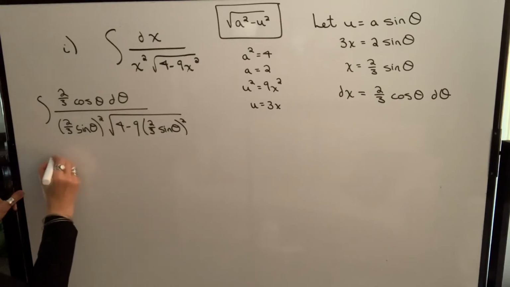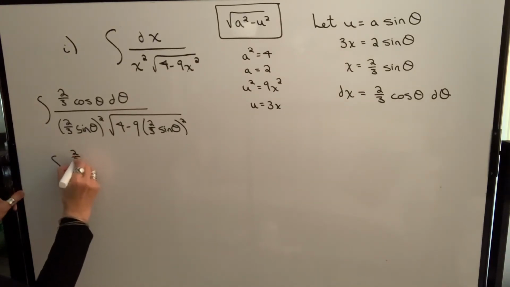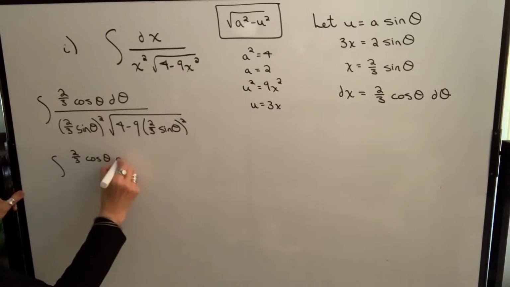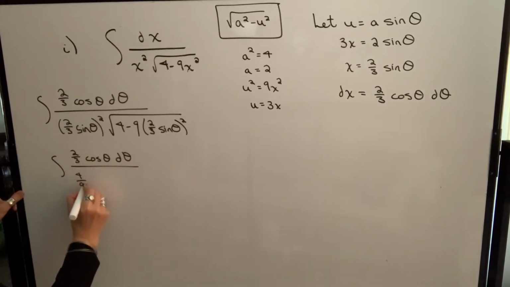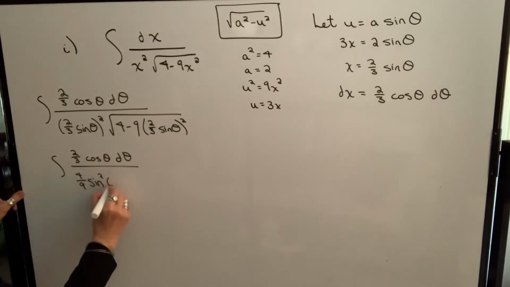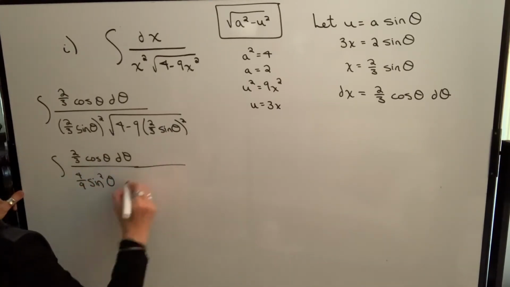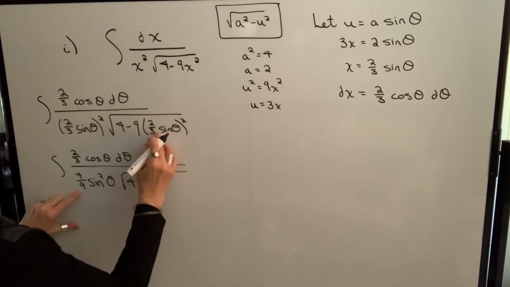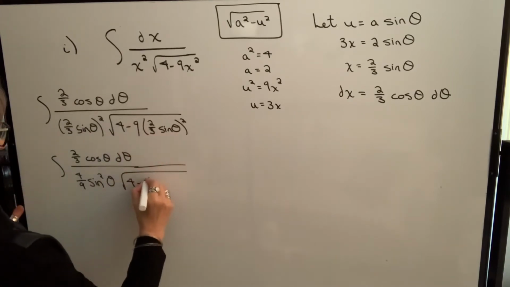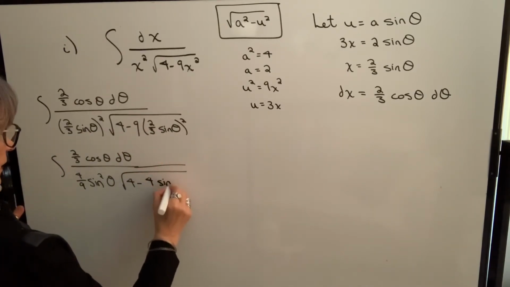Let's do a little bit of simplifying. So I've got 2/3 cos theta d theta. When I square this, I'm going to get 4/9 sine squared theta. I'm also going to get 4/9 sine squared theta here. So let's multiply that by 9 and it will be 4 sine squared theta.